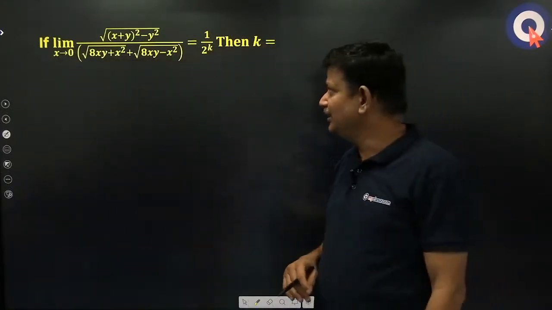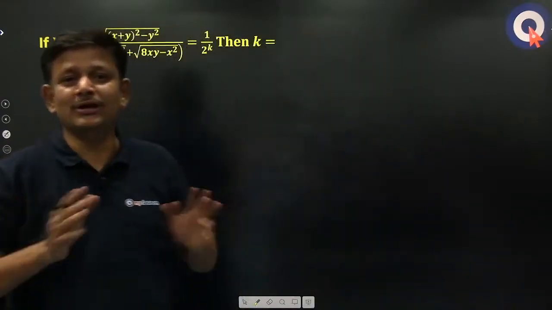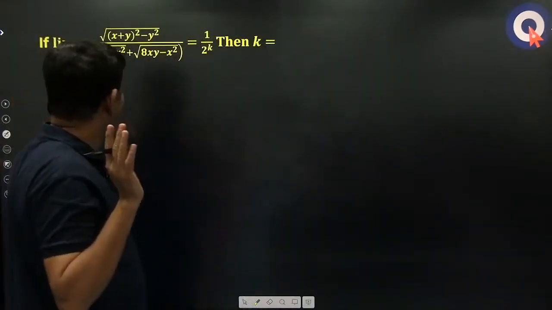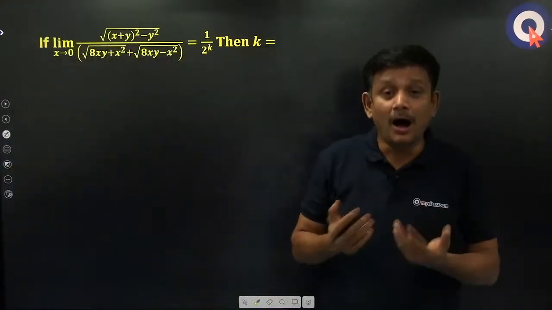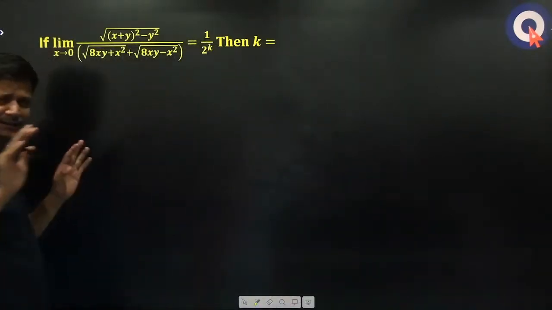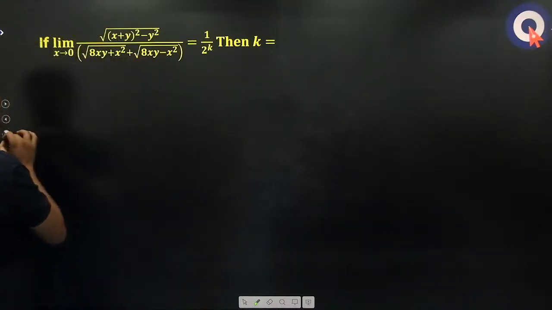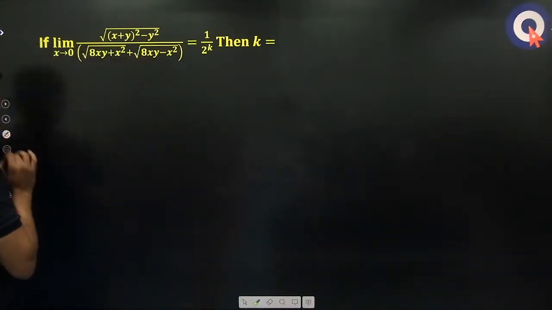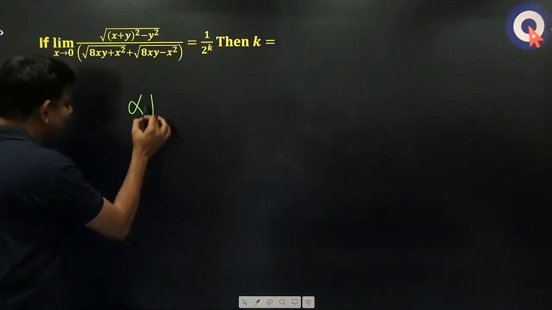So y has no role in this question. To start with, you can put y equal to 0 and do the question, or you can put y equal to 1, whichever you are comfortable with. So the answer is independent of y. If you identify such small things, life will become easy in the examination.